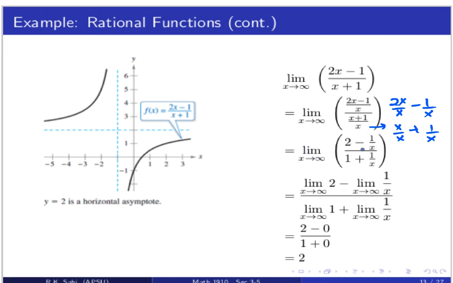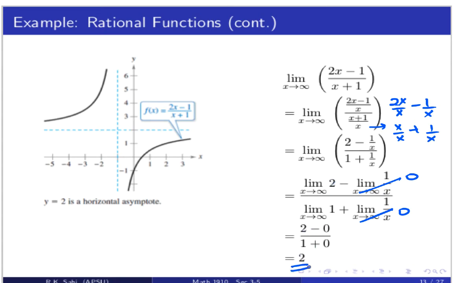Now you can take the limits inside. So the limit of 2 as x tends to infinity minus the limit as x tends to infinity of 1 over x, and then in the denominator the limit of 1 as x tends to infinity plus the limit of 1 over x. Now these two limits are going to 0. The limit of 2 is 2, the limit of 1 is 1.